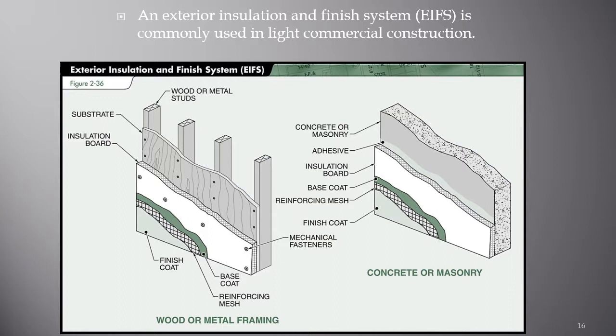An exterior insulation and finish system, or an EIFS, is a system that consists of an insulation board, a reinforcing mesh, a base coat of an acrylic and Portland cement, and a finish coat of acrylic resins.